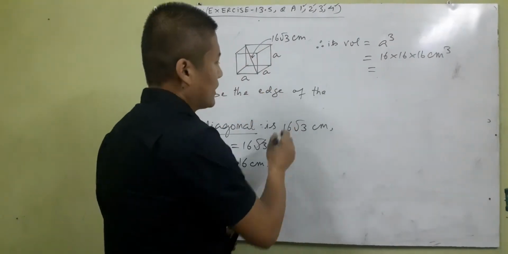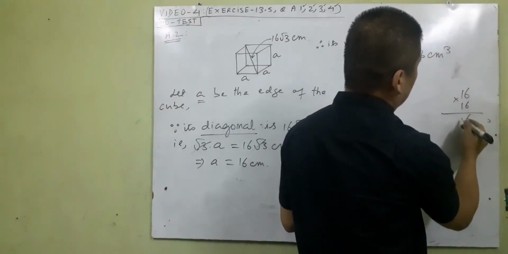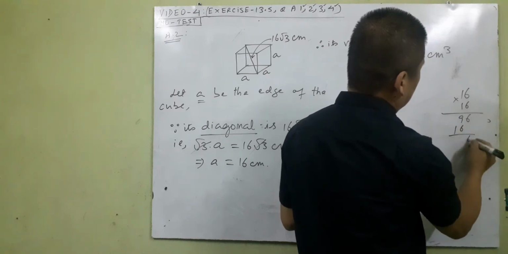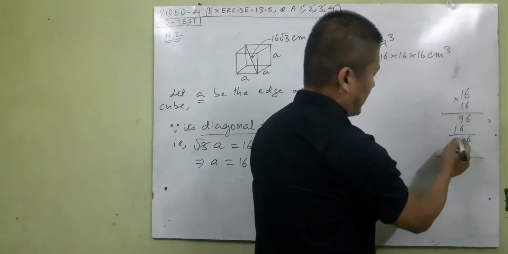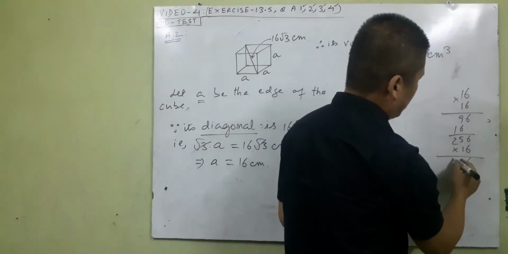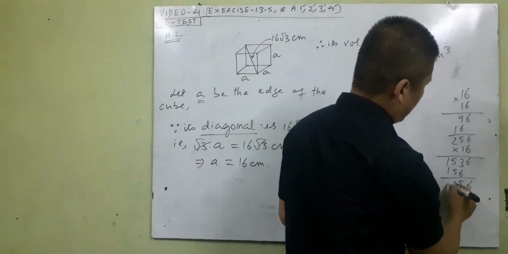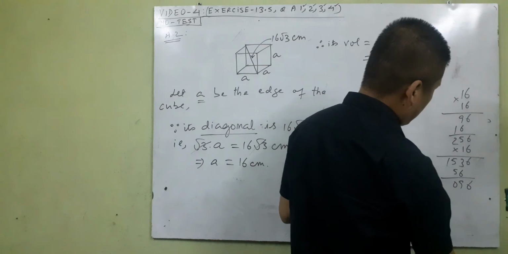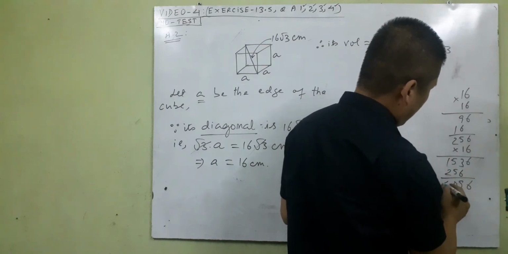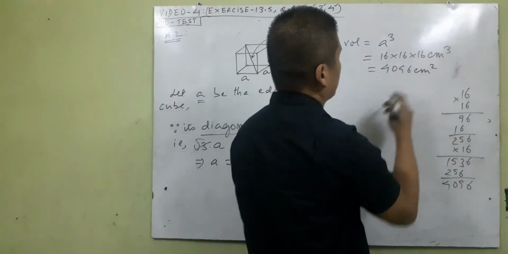So let's write this one down. 16 into 16 is 256, and then again multiply by 16. That gives 4096 centimeter cube.